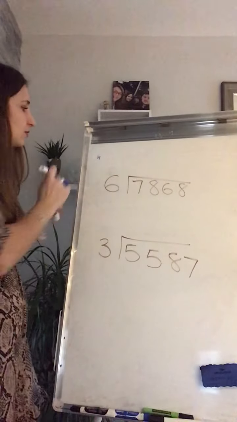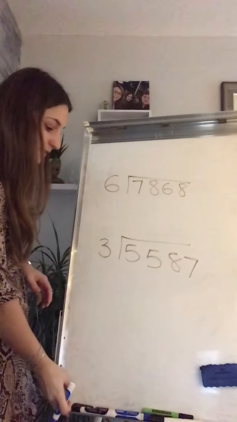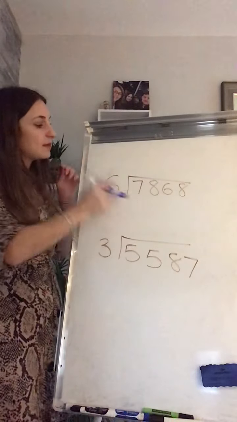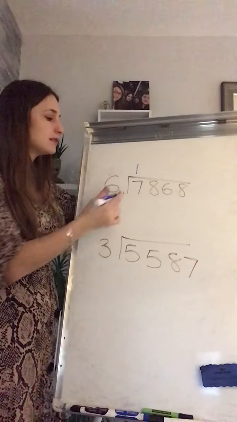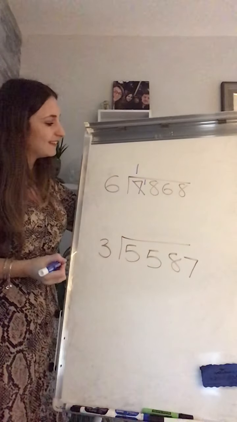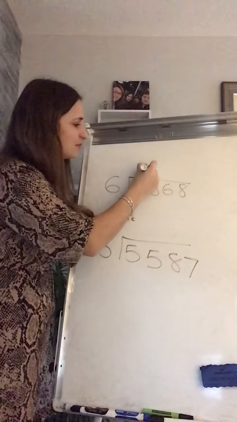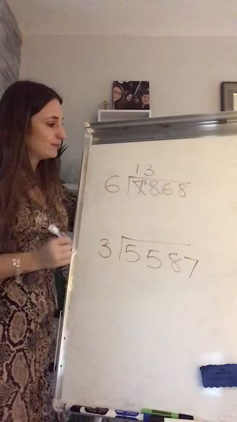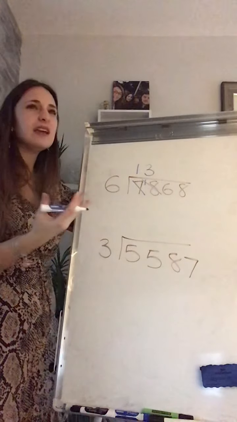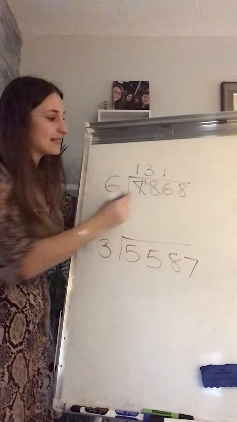Right, let's do our work. Let's see what the answers are and if you have done it right. So 7 is not on my 6 timetable, so 1 times 6 is 6, to 7 is 1. 18 divided by 6, I do get 18 if I do 3 times 6. 18, 6 on my 6 timetable, absolutely. 1 times 6 is 6.